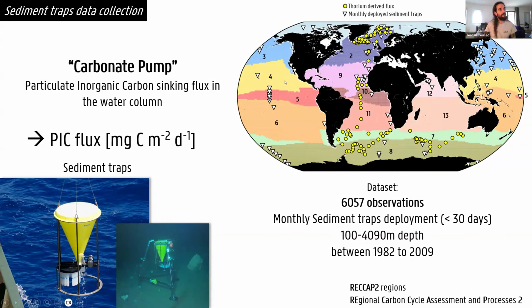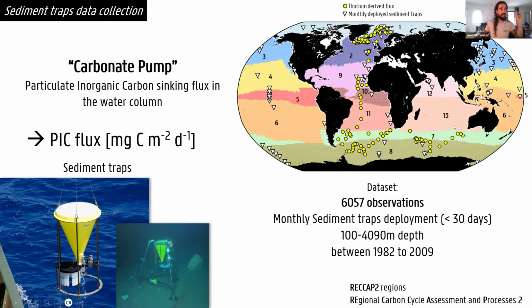The map here represents all the data I got in my data set. The white triangles correspond to monthly deployed sediment traps, and the yellow circles correspond to thorium-derived fluxes, which are quite different, but still good for estimating short-term PIC flux.